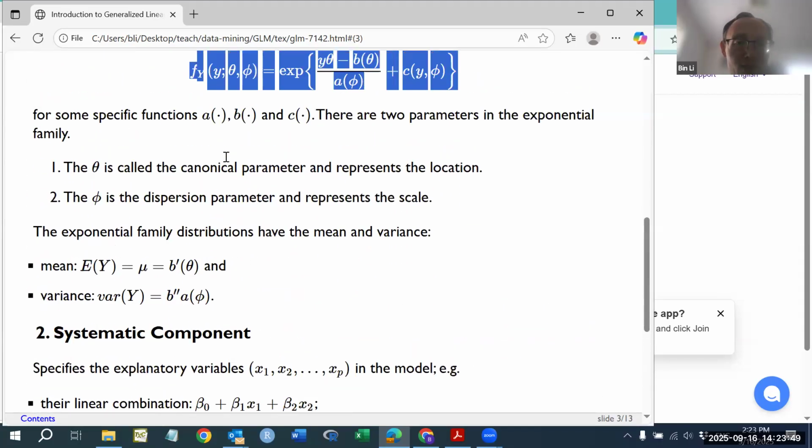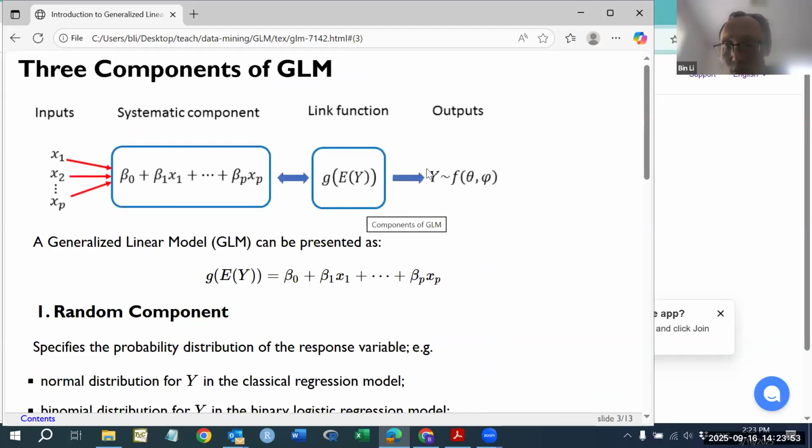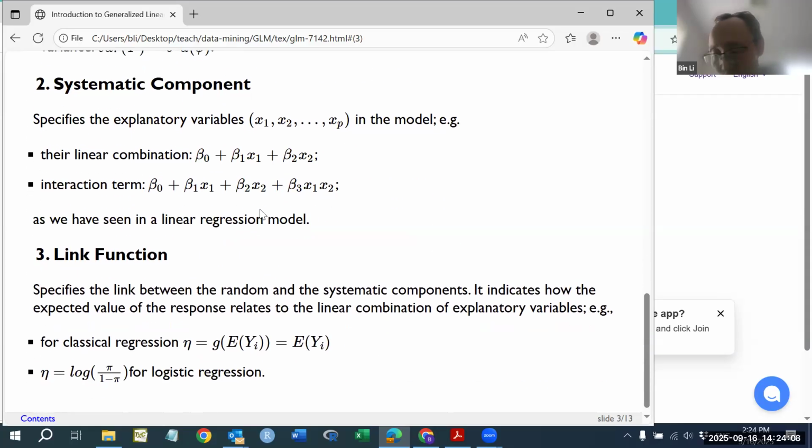Okay, so that's the random component part. So y has to follow some distribution, and that distribution must belong to an exponential family. The second component is the systematic component, which is a linear function.